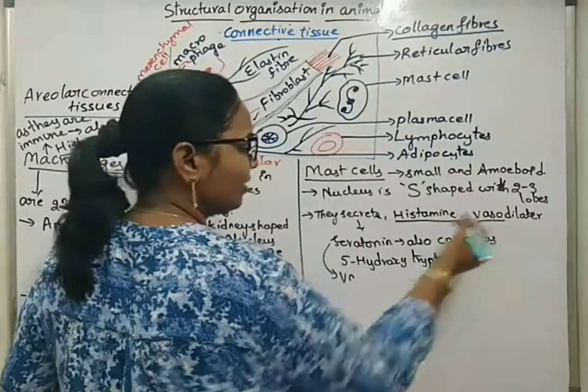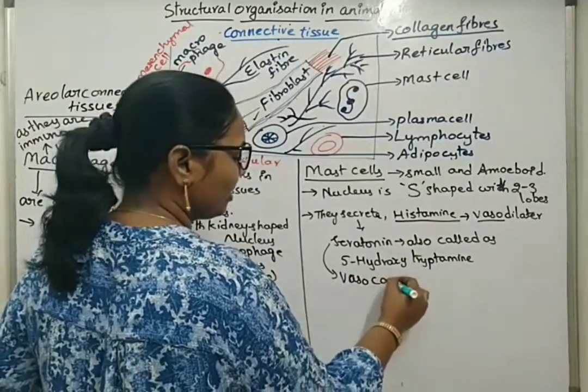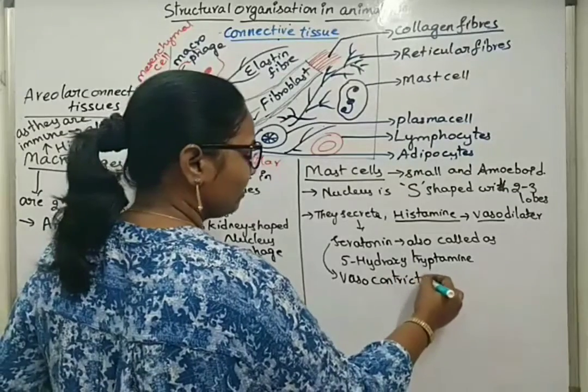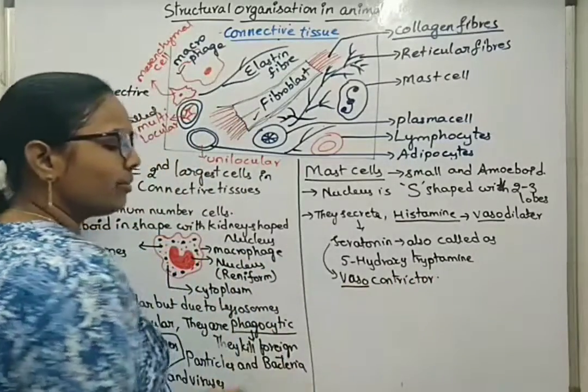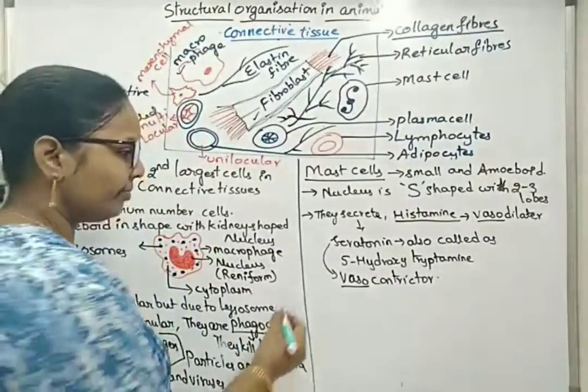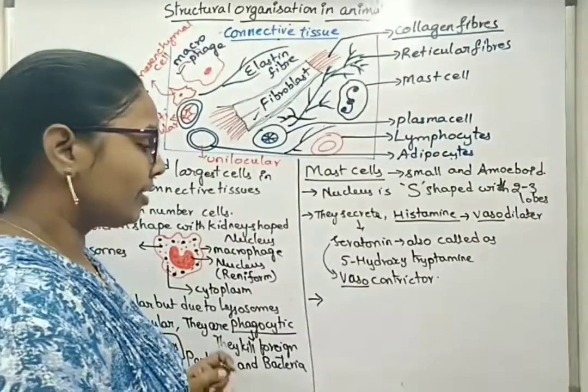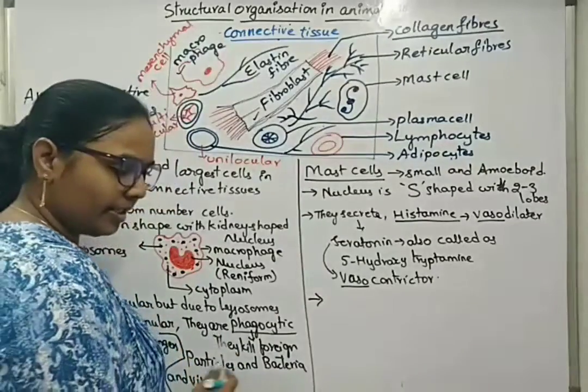Vaso means blood, means blood vessel. Vasoconstrictor. When we are talking about blood vessels, then we use a term like vaso, or vascular is also the term used.